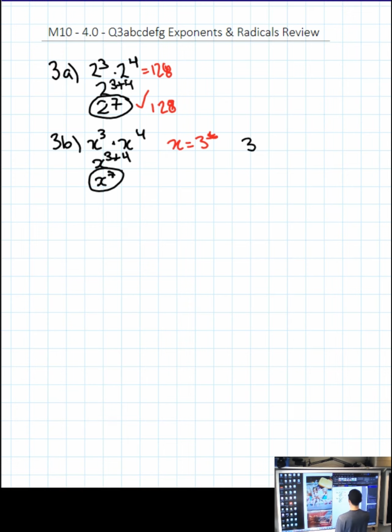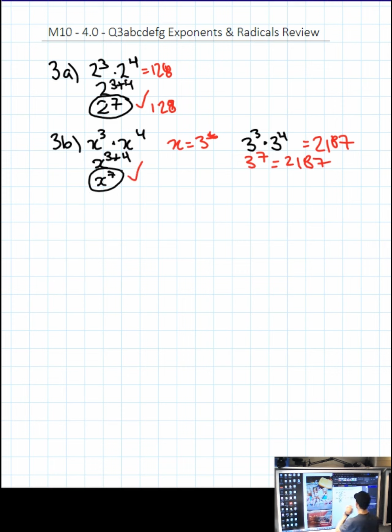So we're going to get 3 cubed times 3 to the 4 if x is 3, and 3 to the exponent 3 times 3 to the exponent 4 is simply equal to 2187, and 3 to the 7 is also equal to 2187, so we know our answer is correct.